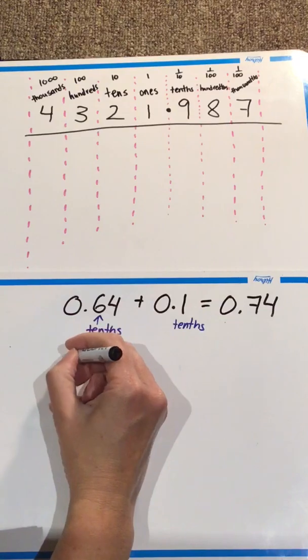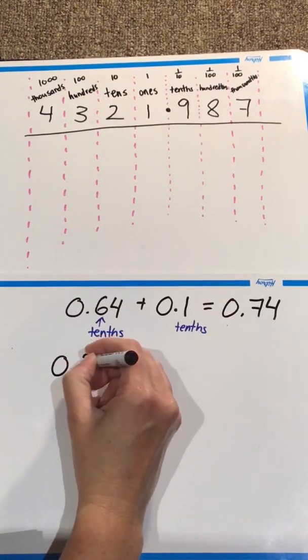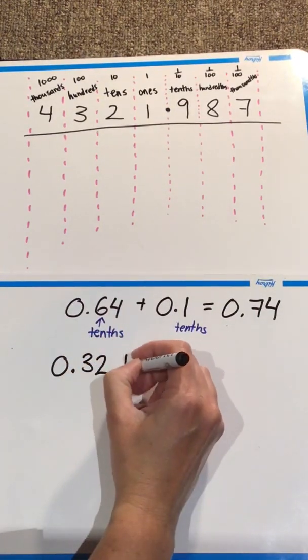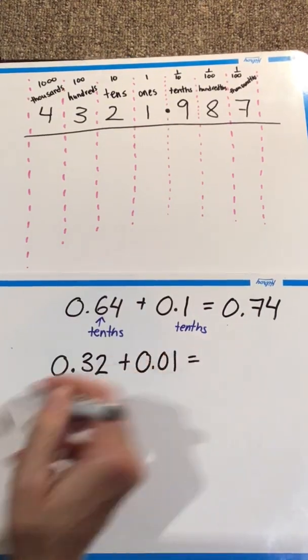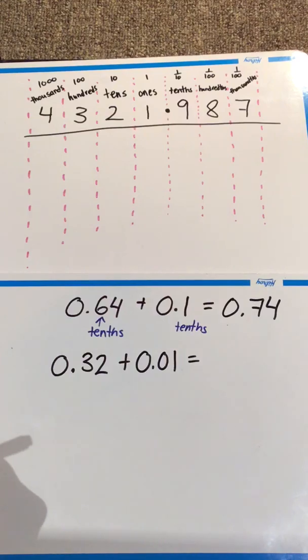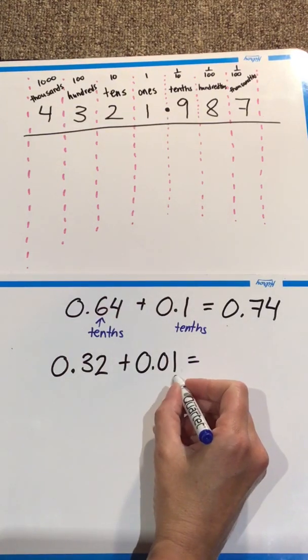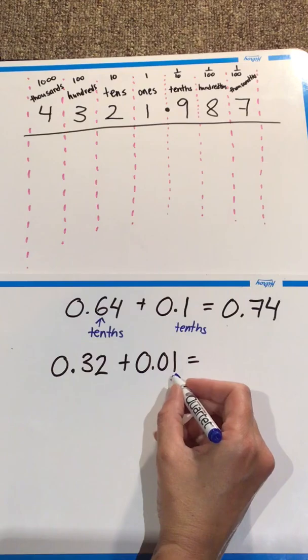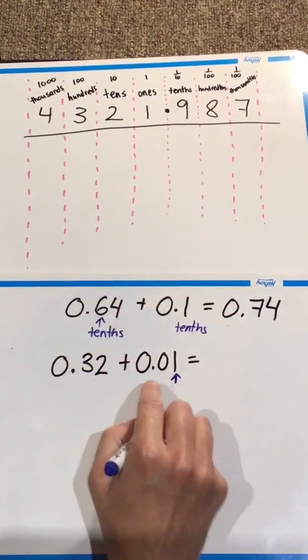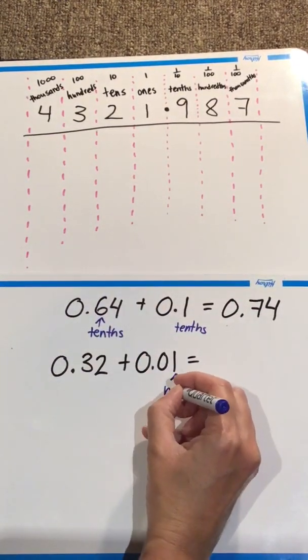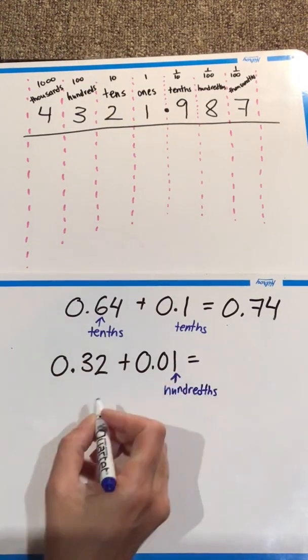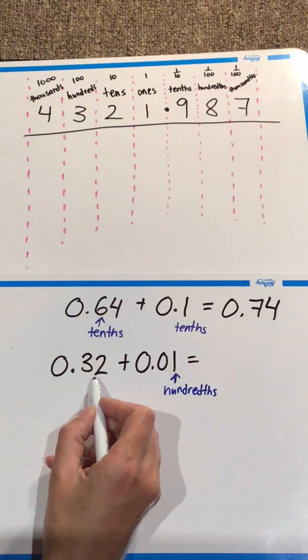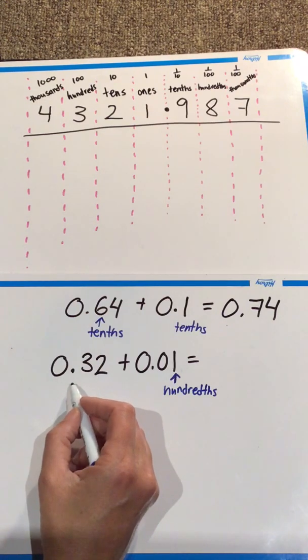What if we had 0.32, and this time we want to add 0.01? We check the columns: tenths and hundredths. This time we're putting something in the hundredths column. So we look at 0.32 and figure out which digit is in the hundredths column.